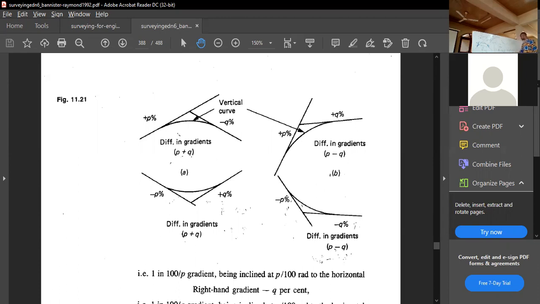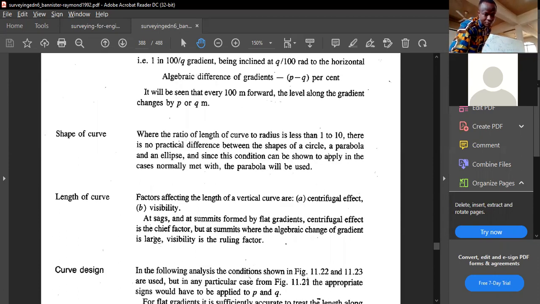For this one, negative P minus that will be plus. You can always add up these values, and then you will have different values in terms of the aggregate slope.